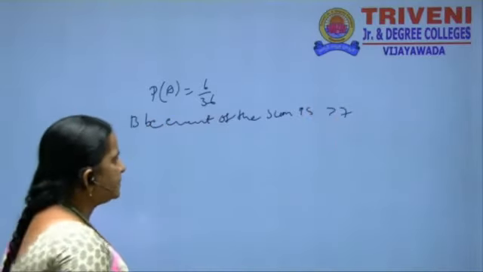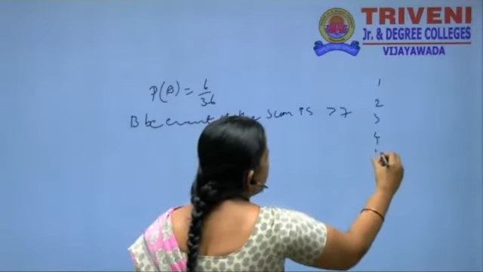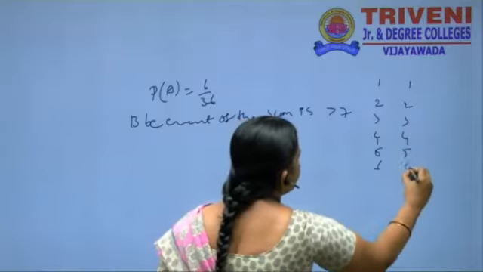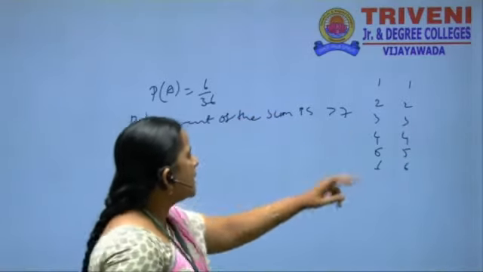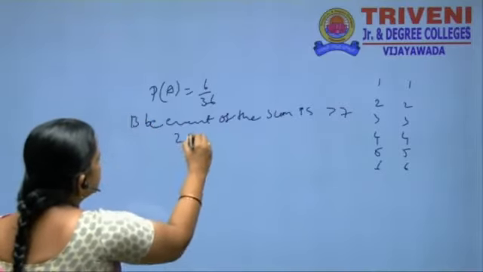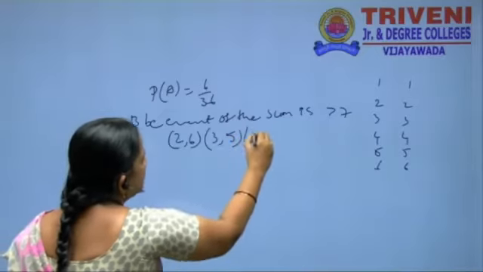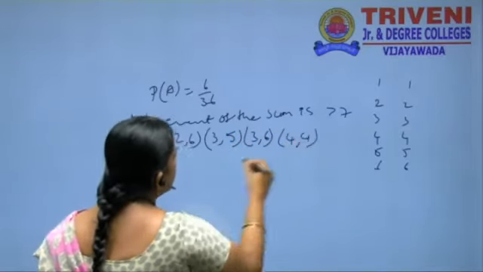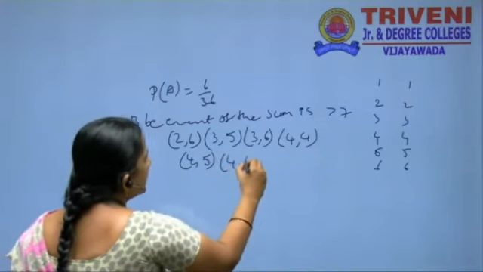Greater than 7 means we have to take 2 comma 6, and next 3 comma 5 and 3 comma 6, and again 4 comma 4, 4 comma 5 and 4 comma 6.